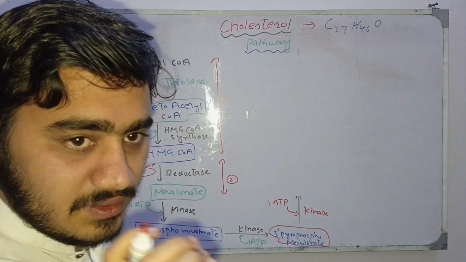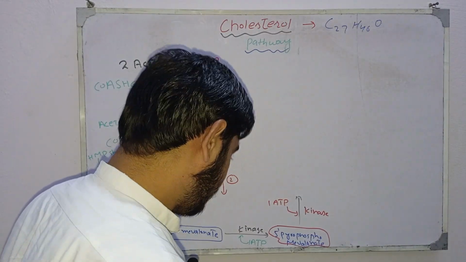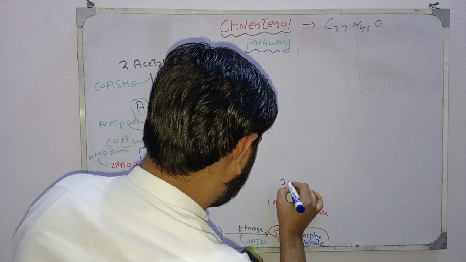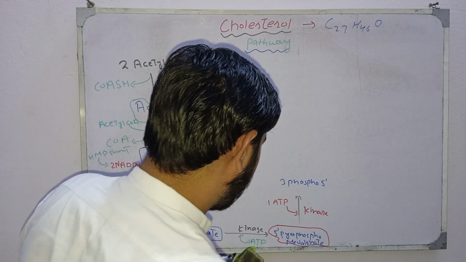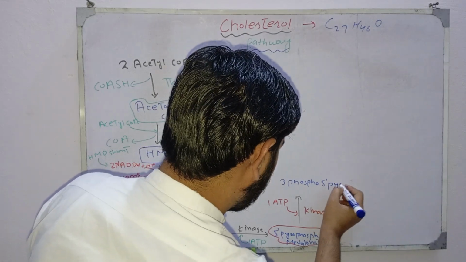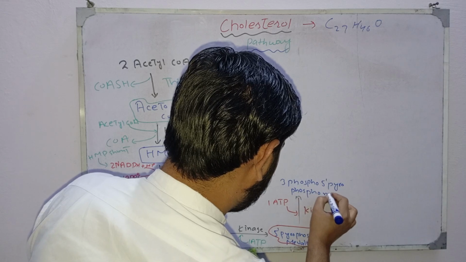At third carbon the phosphate group attaches and it converts into 3 phospho 5 prime pyrophosphomevalonate.